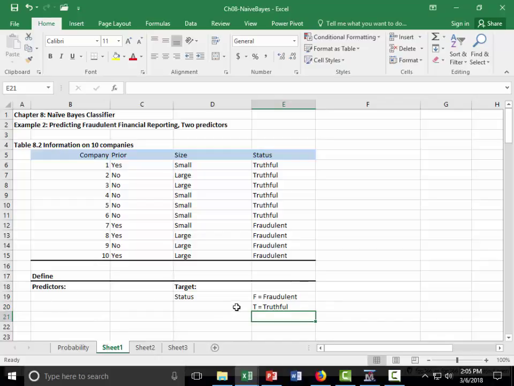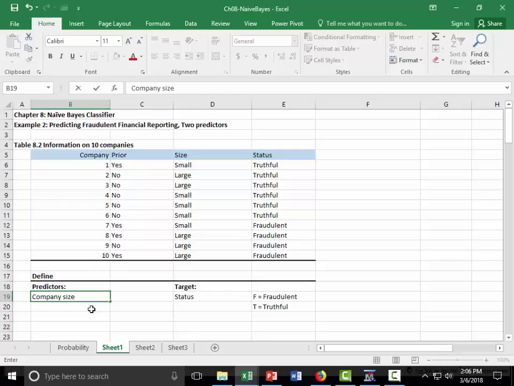And we have two predictors. The first predictor is company size, and the company size has only two possible values. L equal to large, S equal to small.